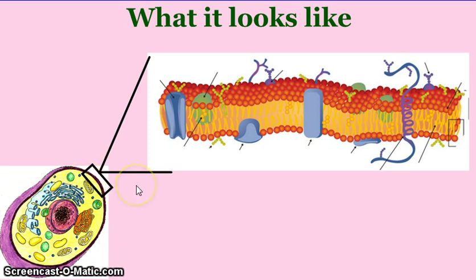If you were to look at a small section of the cell membrane, expand it out and look at it up close, you would realize that it is in fact much more complex than it looks from a distance.